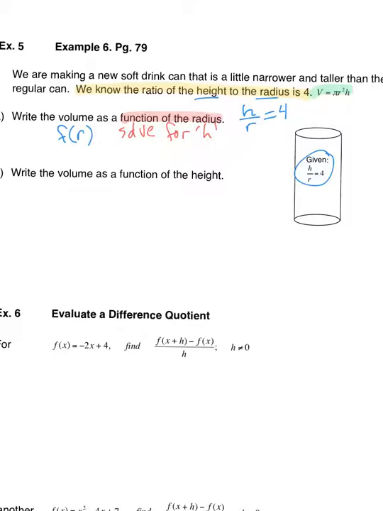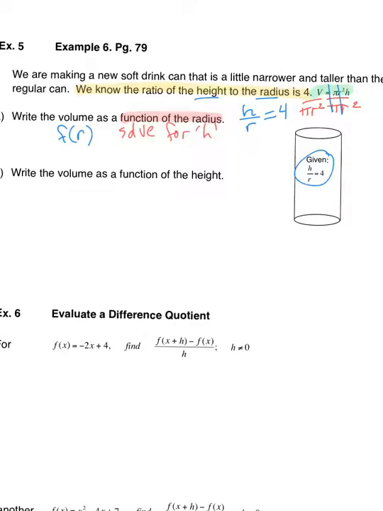Okay, so I'm going to just do it right over here. If I'm solving for h, I'm looking at h, and I see that pi r squared is being multiplied to h. So to undo that, I'm going to divide by pi r squared on both sides. And that actually solves it for h for me.